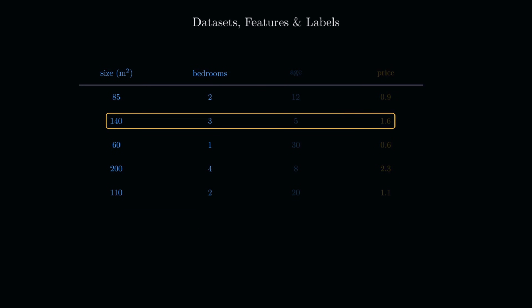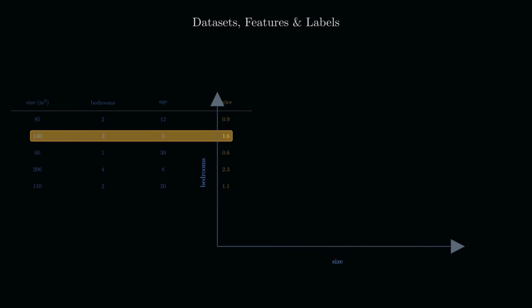Now the move that unlocks everything. Take one row, ignore the price for a moment, and just focus on the features, which is the X column. Two features means two numbers, and two numbers are coordinates. So this row isn't really a row. It's a point on a graph, floating on one exact spot in a plane.